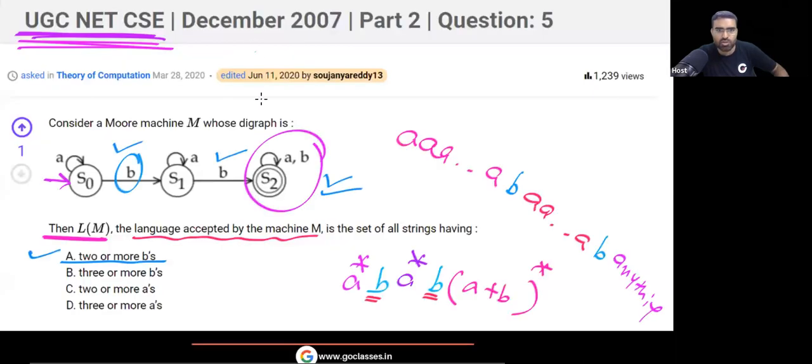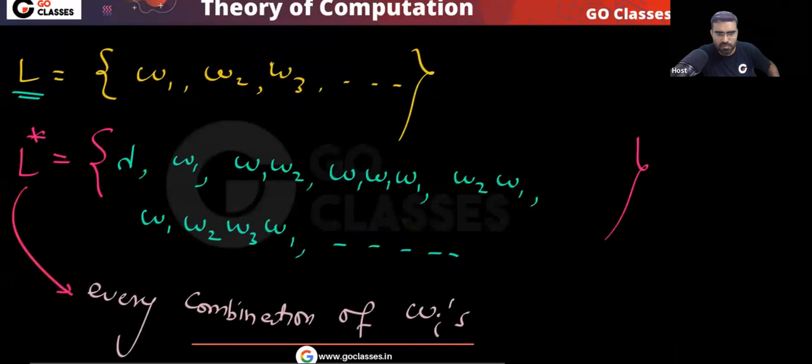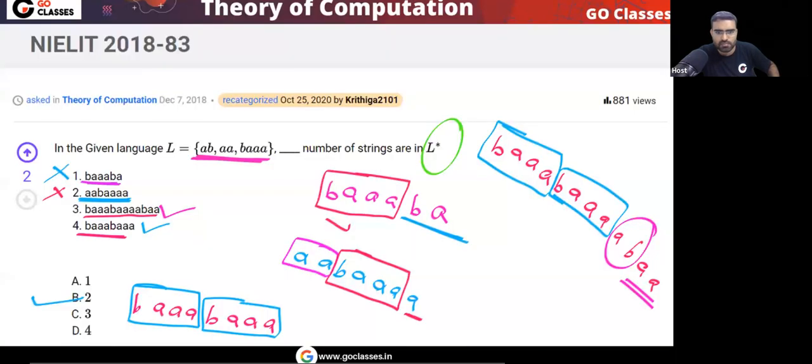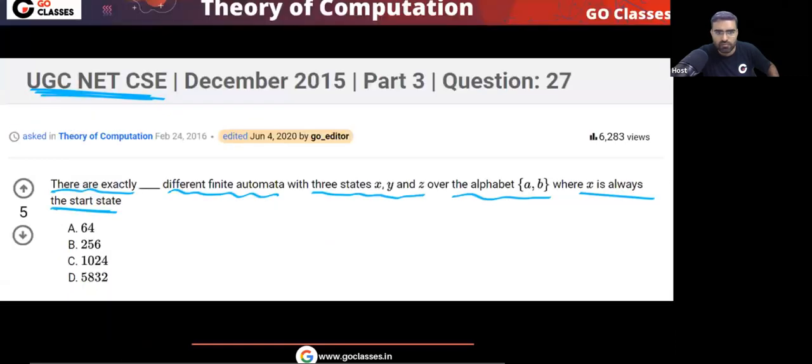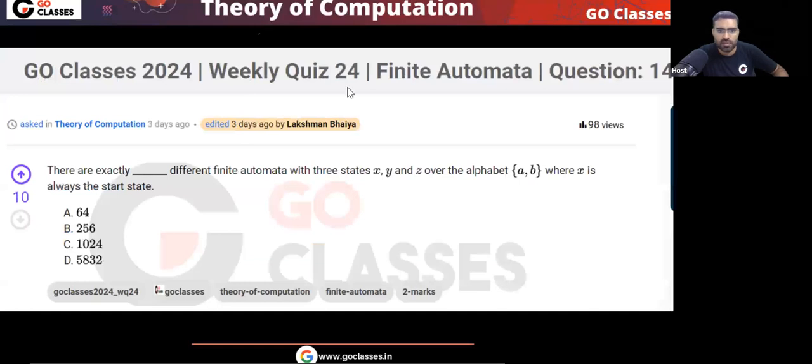Now let's come back to this question. So this is the question. Can you notice there is a problem here? The question is saying finite automata. Do they mean DFA or NFA? By default, finite automata means NFA.